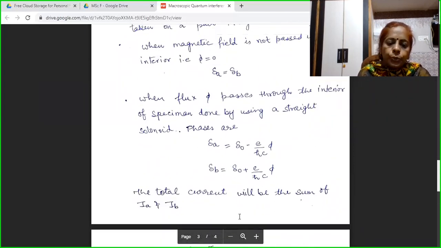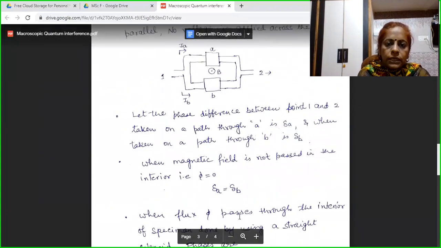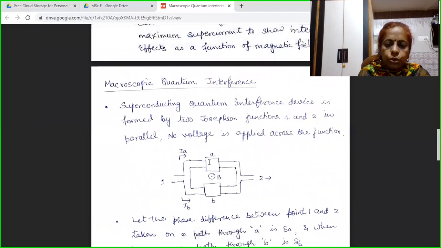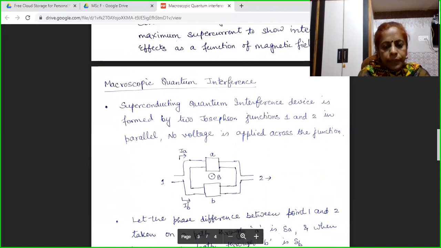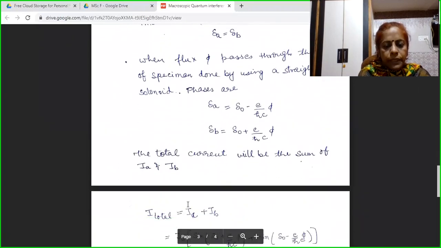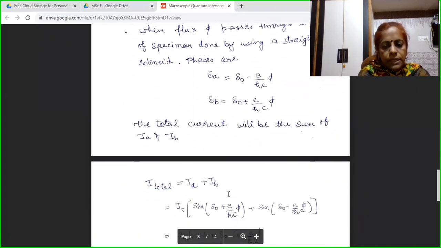Now, in the output, we will have a current through both the junctions. That means there will be current through A junction denoted by IA and current through B junction denoted by IB. So the total output current will be the sum of JA plus JB.